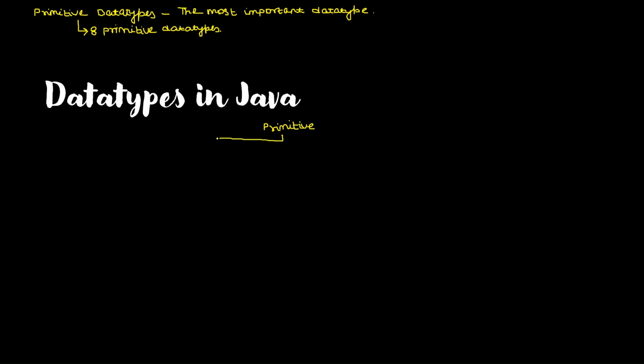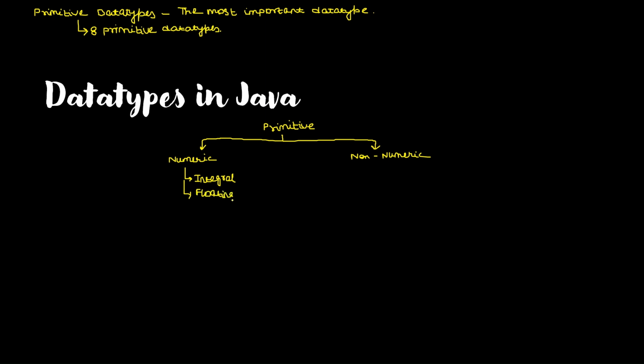So there is one section which focuses on the numeric types, and another section that focuses on non-numeric types. Now, numeric is further branched into two types, which are integral and floating point.